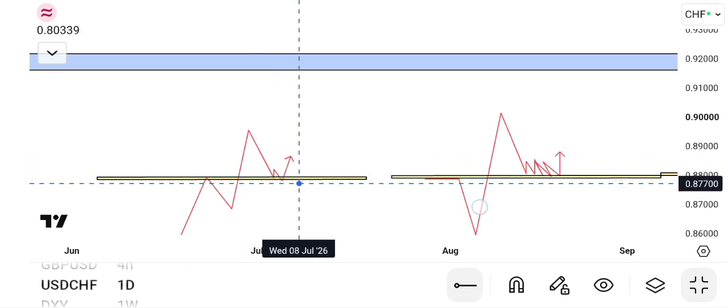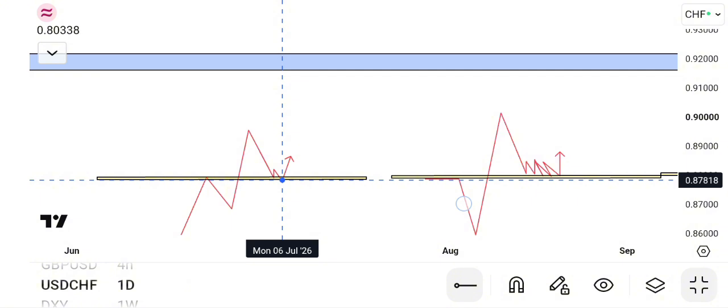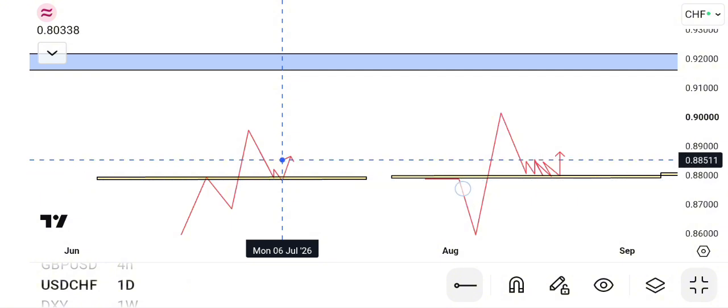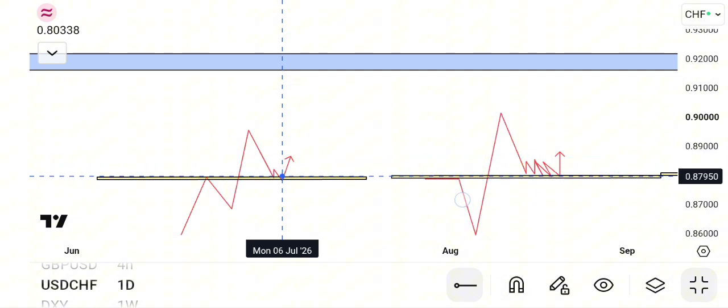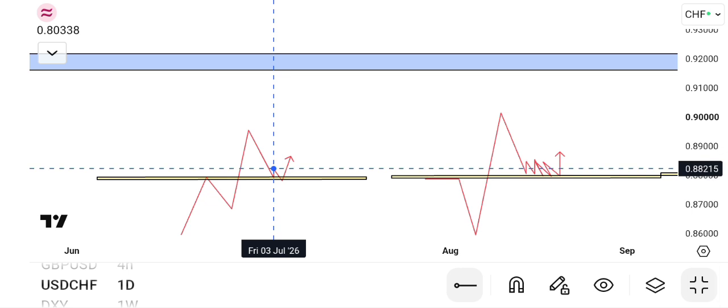If you see a weak rejection on the daily time frame, you collect it. If you see a weak rejection on the 4 hour time frame, you collect it. These are the only time frames that you should check for weak rejection. I repeat, you can only check for weak rejection on the what? Daily or 4 hour time frame.